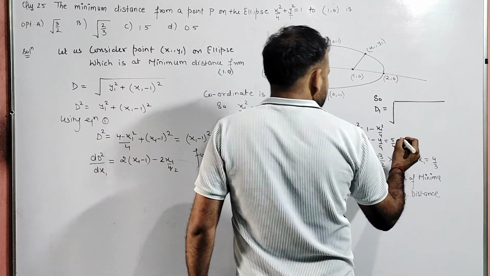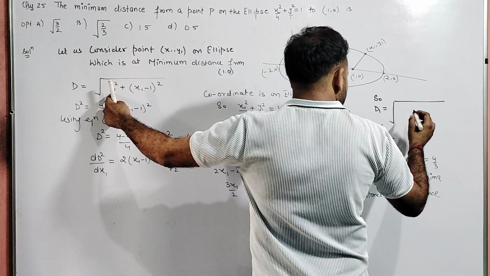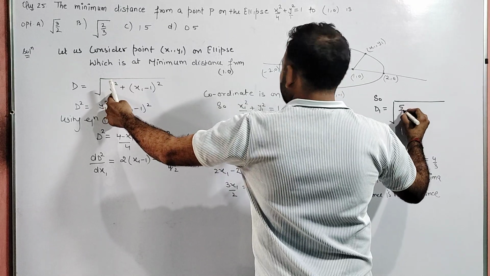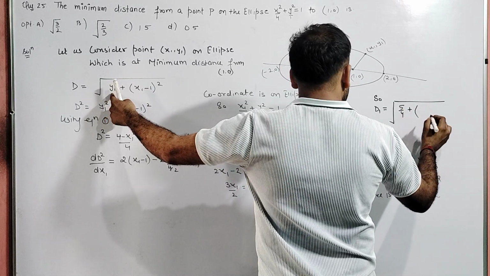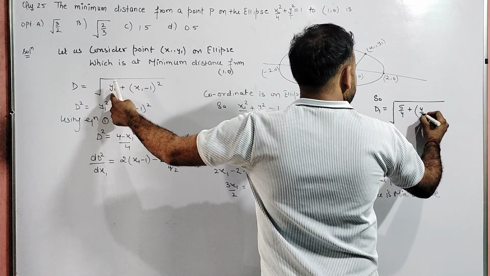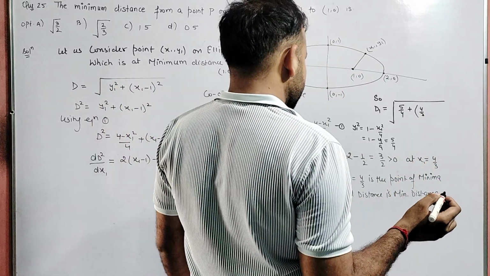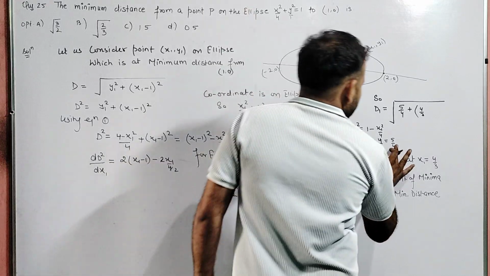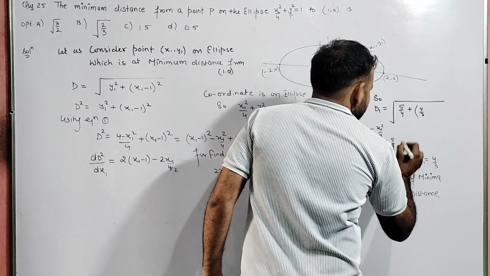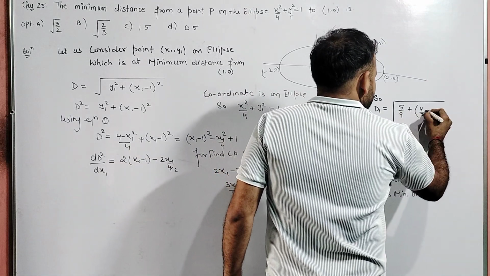So student, put the value of y1 square, that is 5 by 9, plus x1 minus 1, that is 4 by 3 minus 1, whole square.